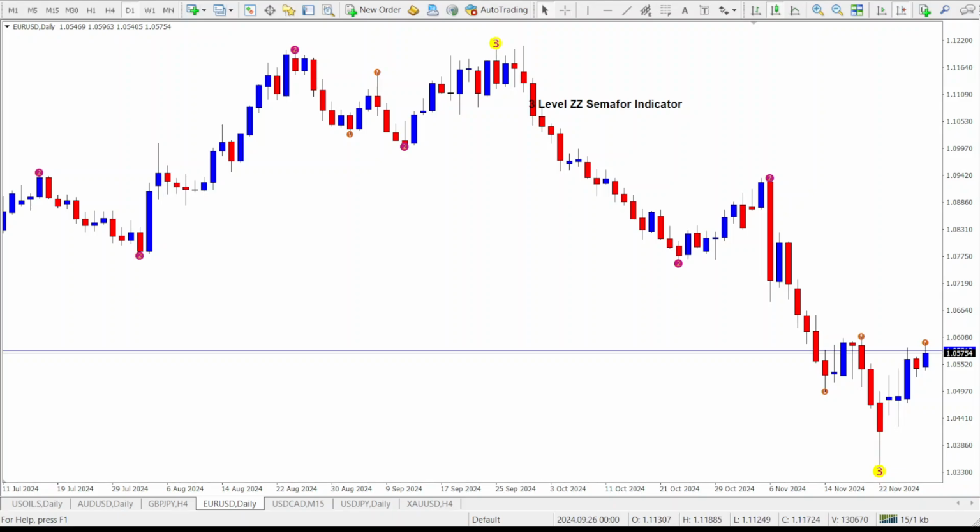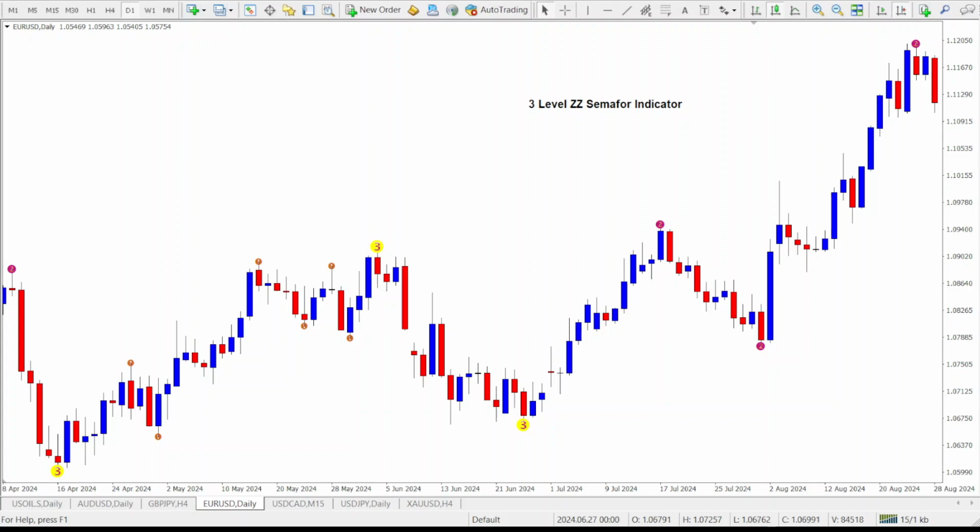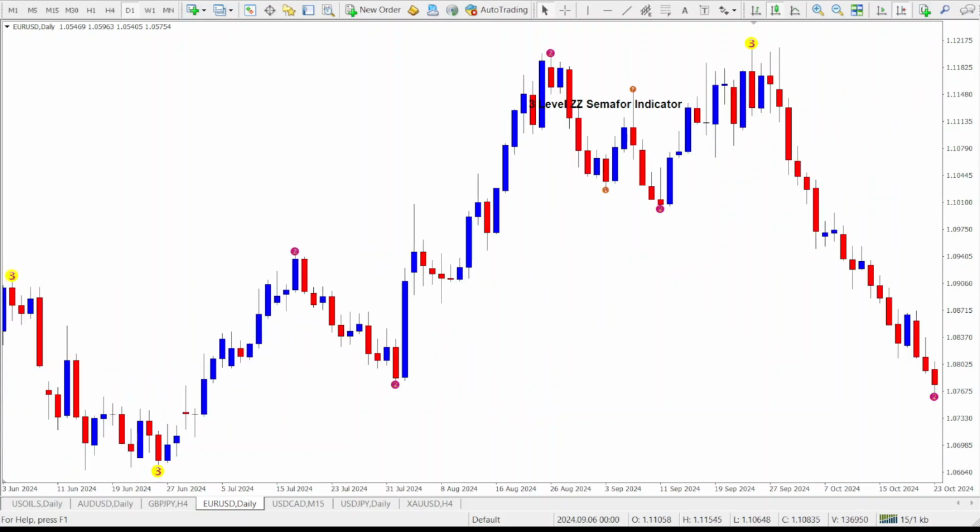You don't find the circles appear just anywhere. They appear at important price points, to be specific, potential reversal price points. Reversal or continuation price points is where you will find the 3-level ZZ Semafor Indicator create its circles.